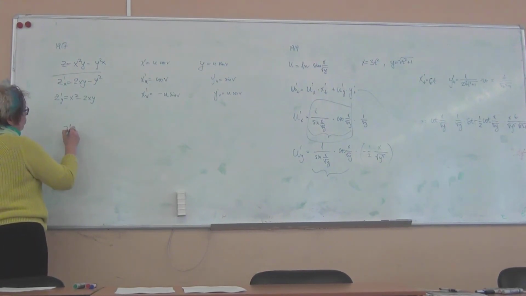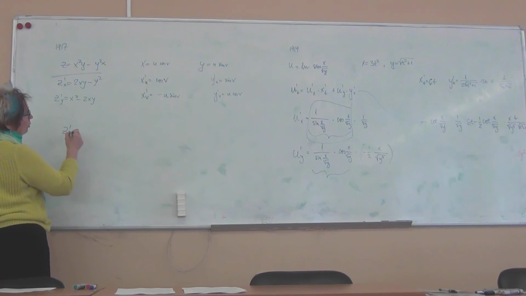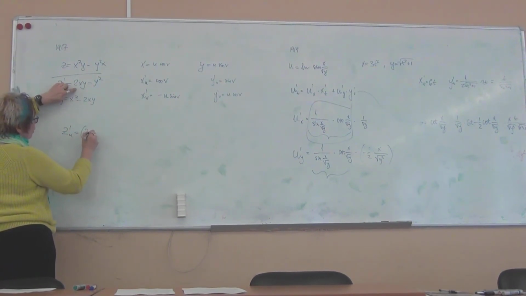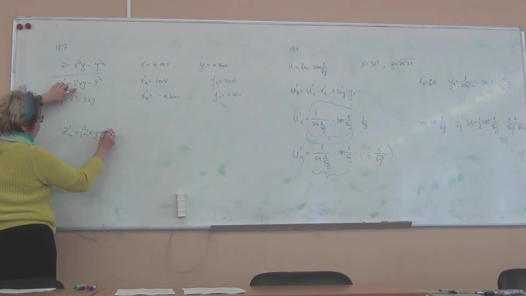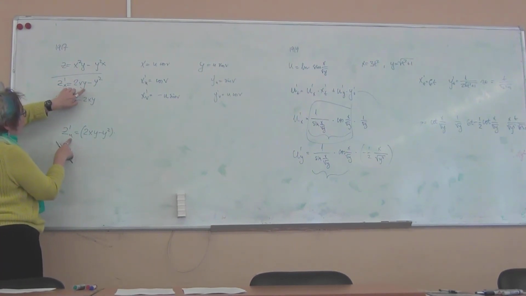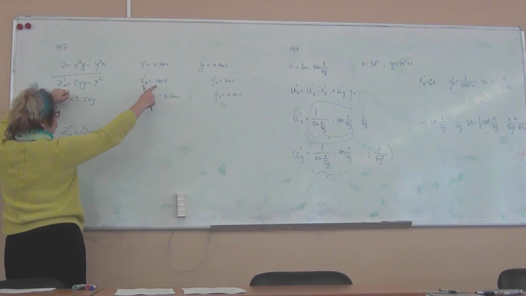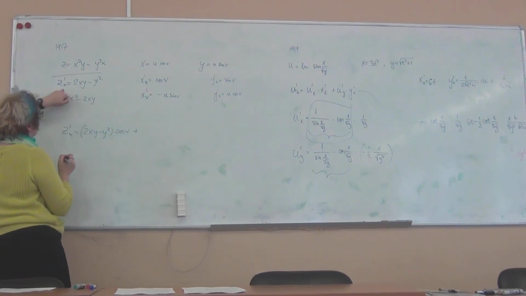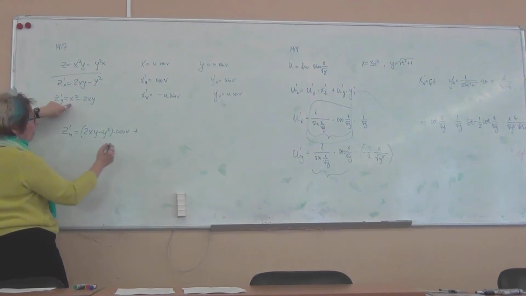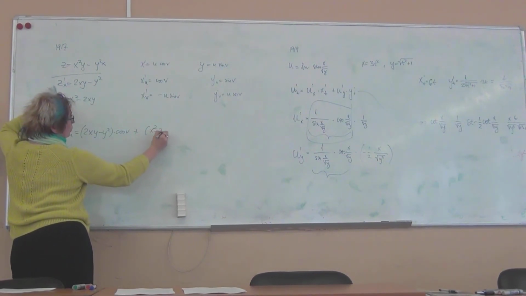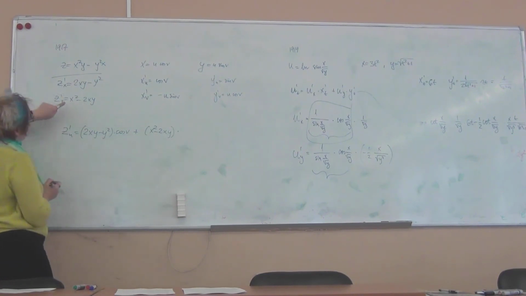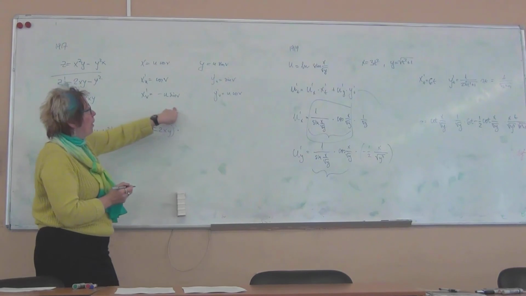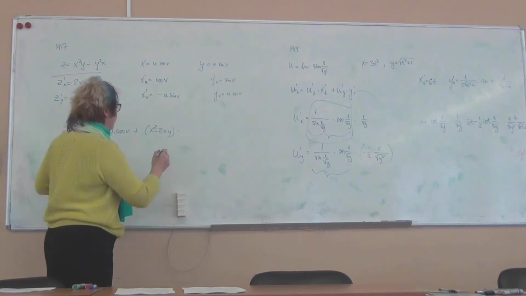So z first derivative, the partial derivative by u, would be z derived by x, 2xy minus y squared, multiplied by x derivative by u, times cosine v, plus z derivative by y multiplied by y derivative by u, this one, sine v.